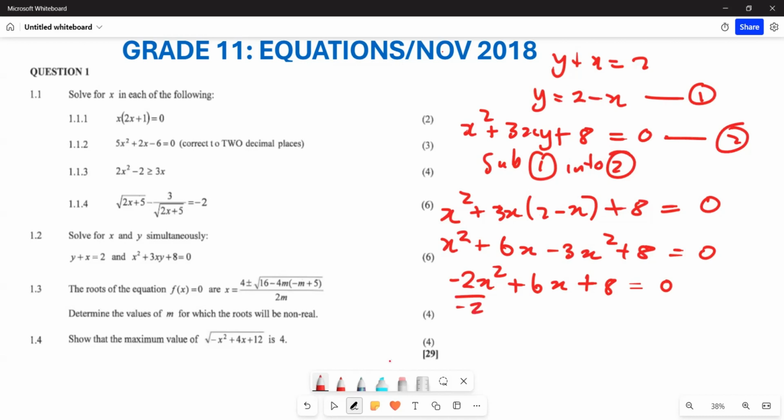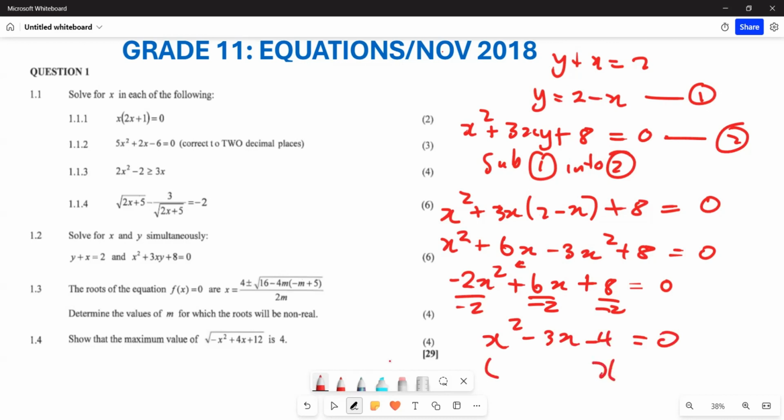So you can divide by negative 2 here, divide by negative 2 here, divide by negative 2 here, because your first coefficient of x is going to be negative 2. And because 2 is also divisible in 6 and also in 8, which means this is going to be x squared, subtract 3x, subtract 4 is equals to 0.